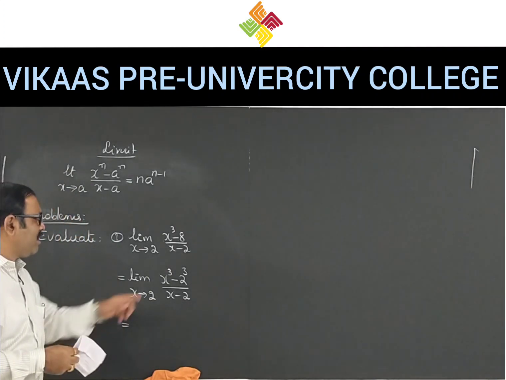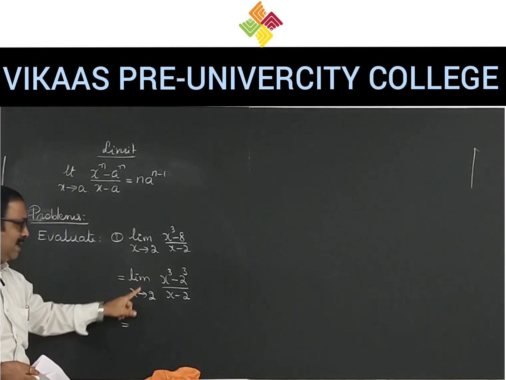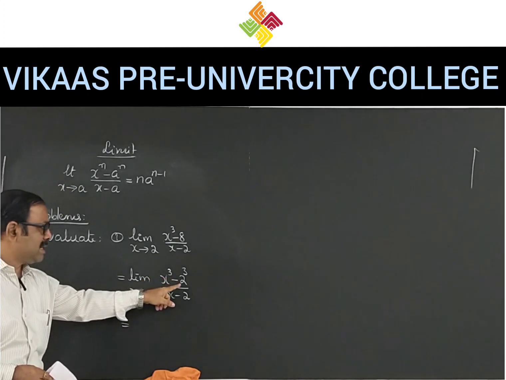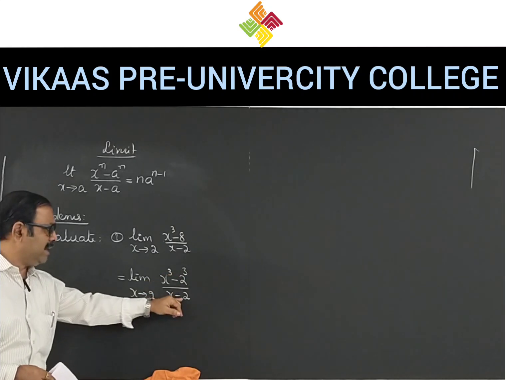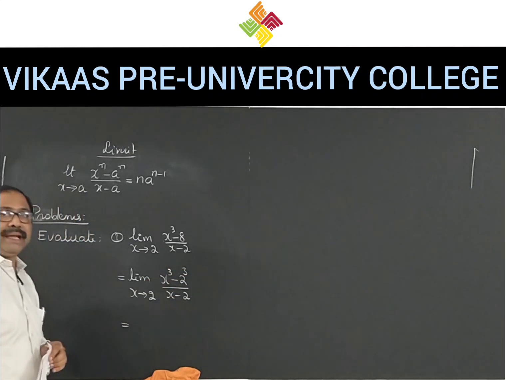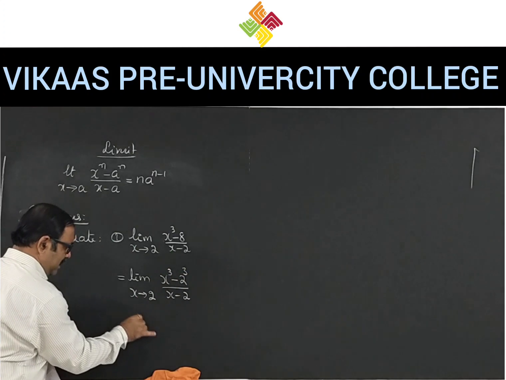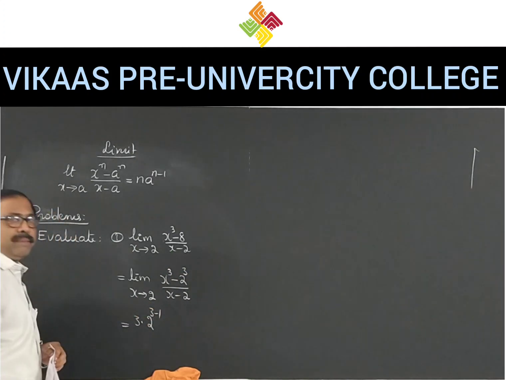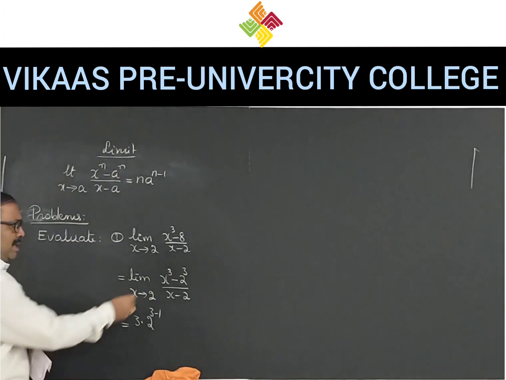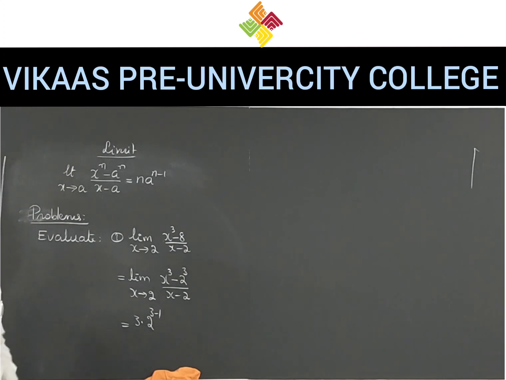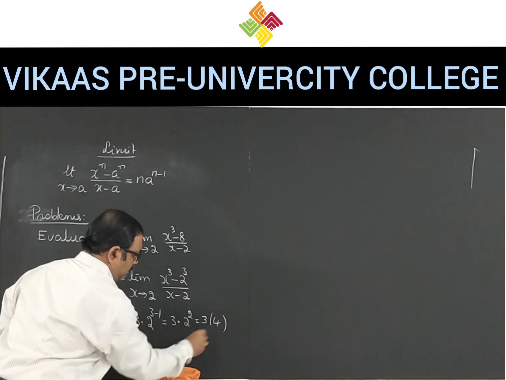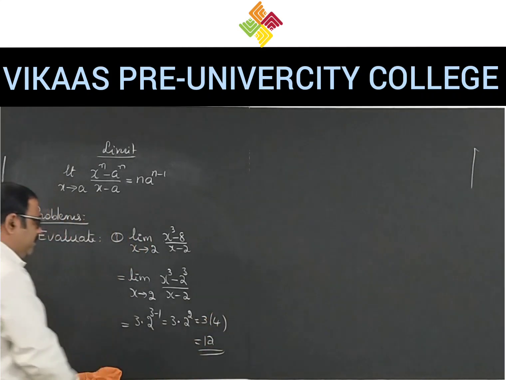Now, just recall the formula: limit x tending to a of (x to the power n minus a power n) divided by (x minus a) is n into a to the power n minus 1. So 3 into 2 to the power 3 minus 1, that is 3 into 2 square, 3 into 4 is equal to 12.